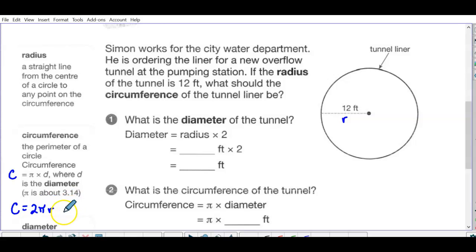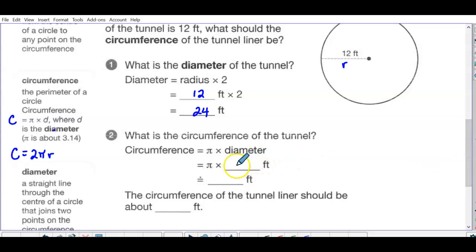They're exactly the same because the diameter is twice the radius. So you can use 2 pi r or you can use pi d. I don't really care. In the workbook here, it does this in steps. It converts the radius to diameter. So the radius is 12, multiplied by 2 is 24, and then it uses pi times diameter. But you can do it all at once.